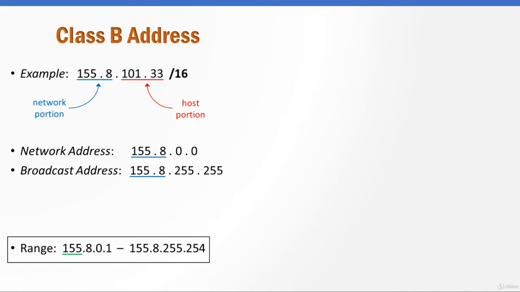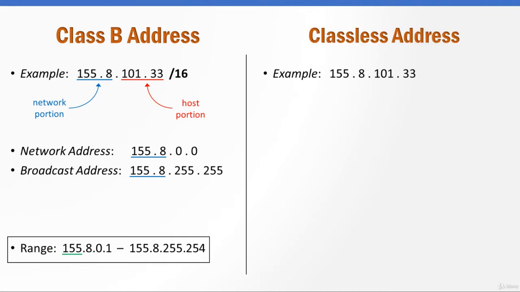All right, now let's look at what happens when we change the mask. Here we had /16, and now we're going to use /21. Now we can't really separate the network portion and the host portion that easily.